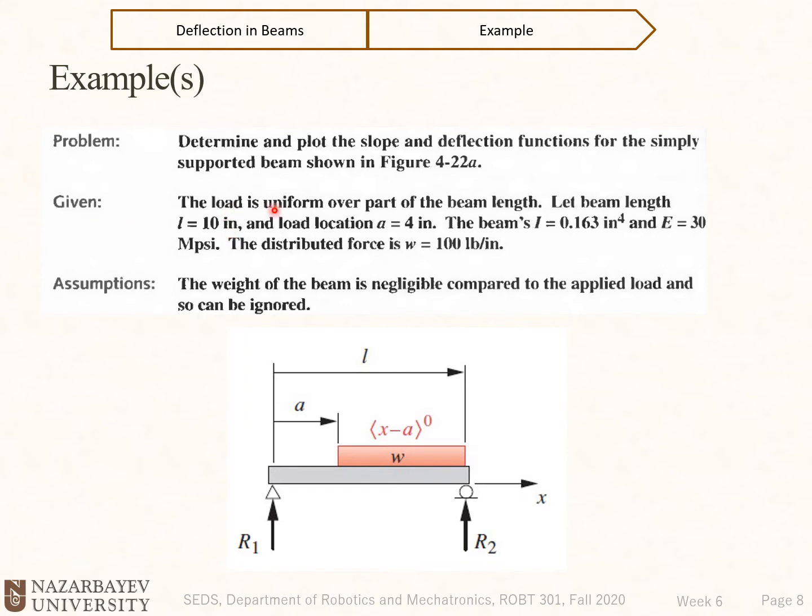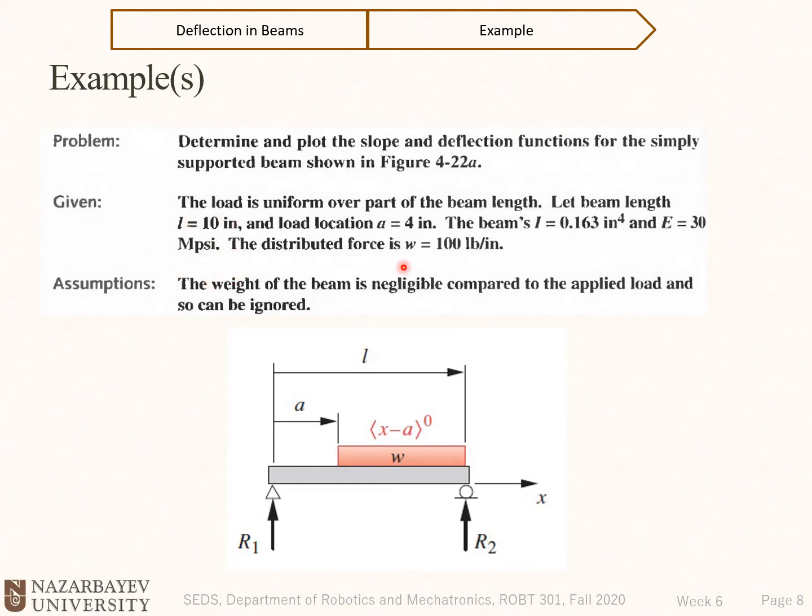What is given? The load is uniform over part of the beam length. Let beam length L be equal to 10 inches. The load location a is equal to 4 inches. The beam's I, or moment of inertia for the cross section of the beam, is equal to 0.163 inch to the power of 4, and E is equal to 30 Mpsi.